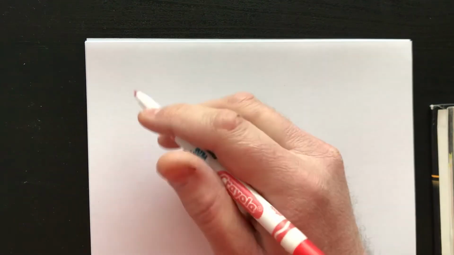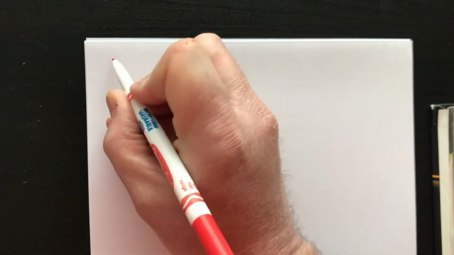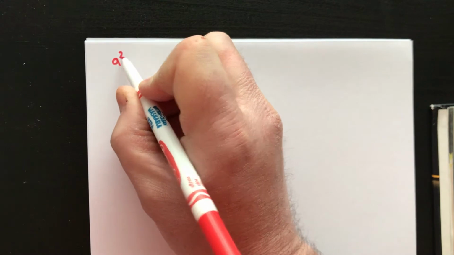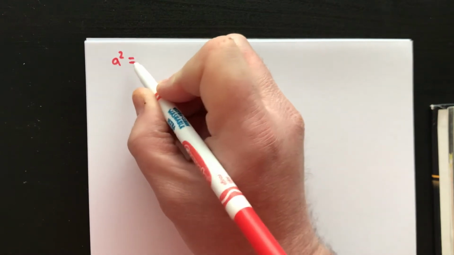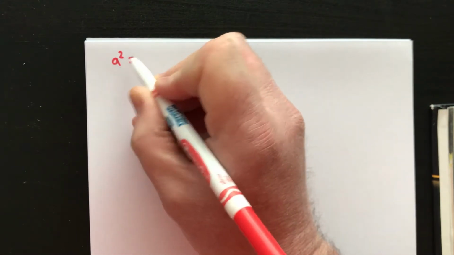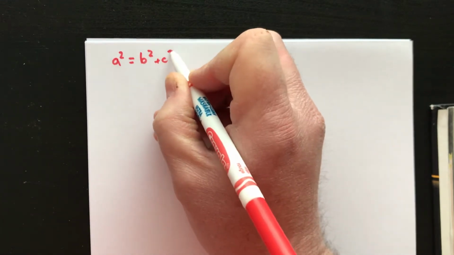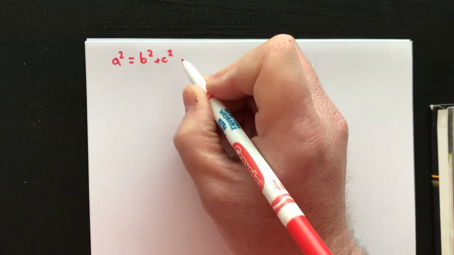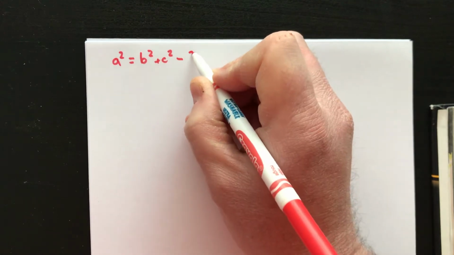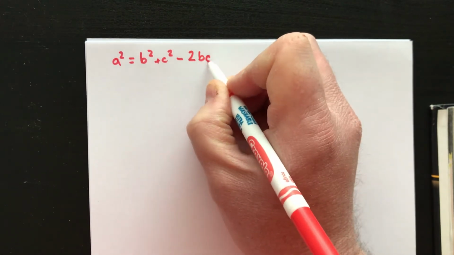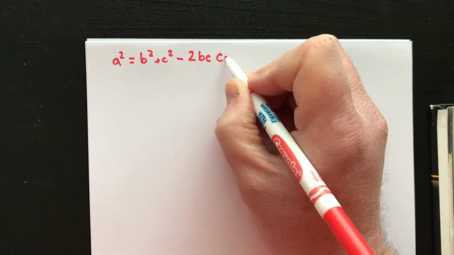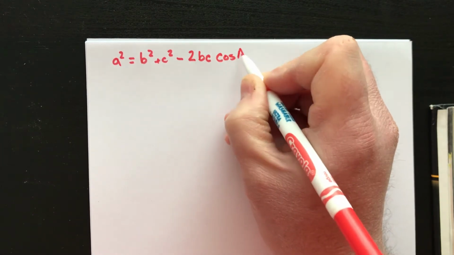The law of cosines uses a formula where all these lowercase letters represent side lengths. So a squared is equal to b squared plus c squared, very similar to the Pythagorean theorem, and then minus 2bc times the cosine of angle A.